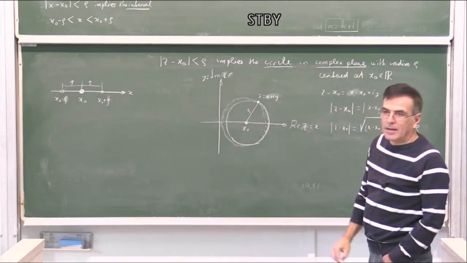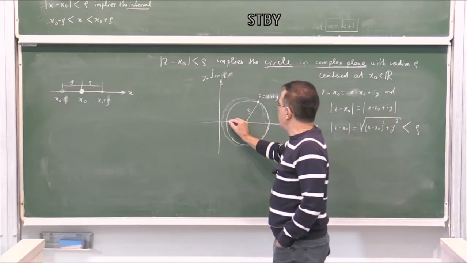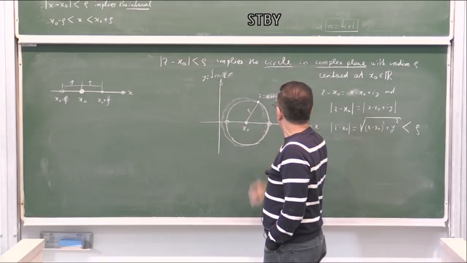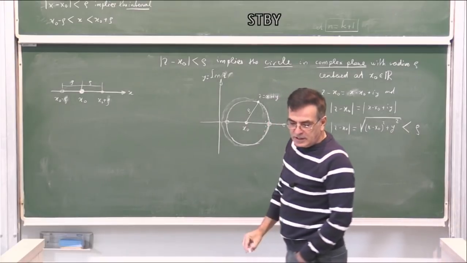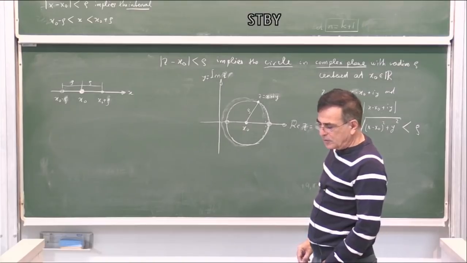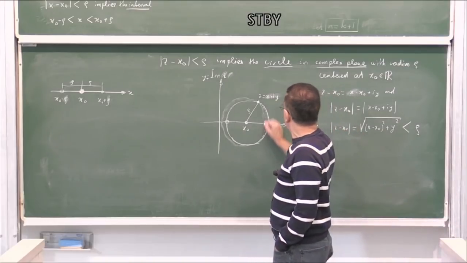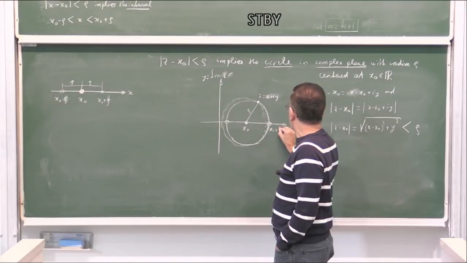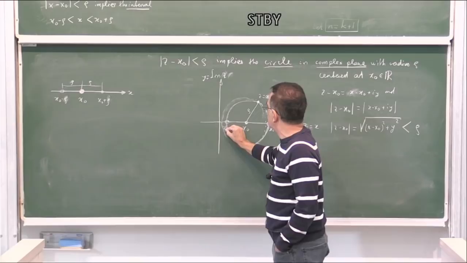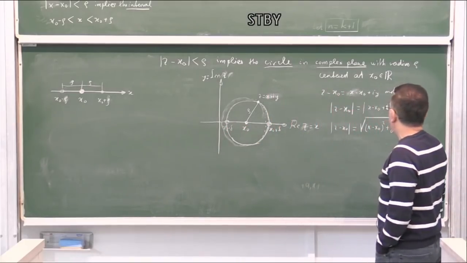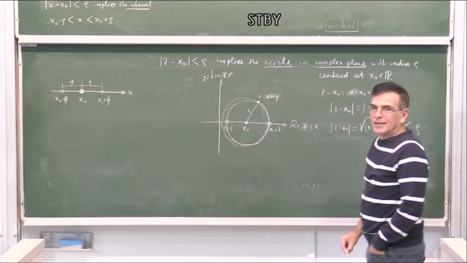Good. And therefore, if we are interested in the real values, what is here? x0 plus rho again. Here is x0 minus rho. Okay?